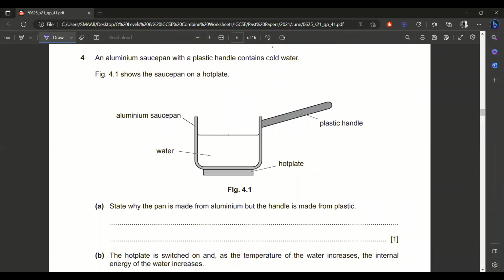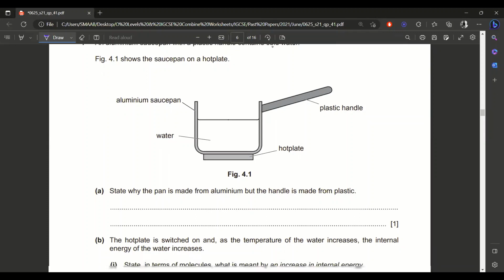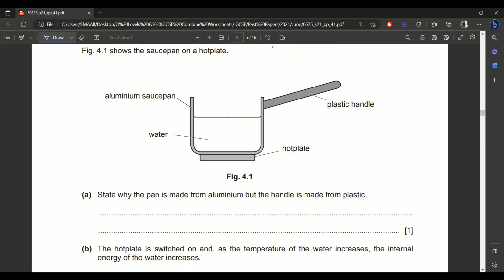Okay, question number 4. An aluminium saucepan with a plastic handle contains cold water. Figure 4.1 shows the saucepan on a hot plate. State why the pan is made from aluminium but the handle is made from plastic. Aluminium is a good conductor of heat, and plastic is a good insulator. Yes.